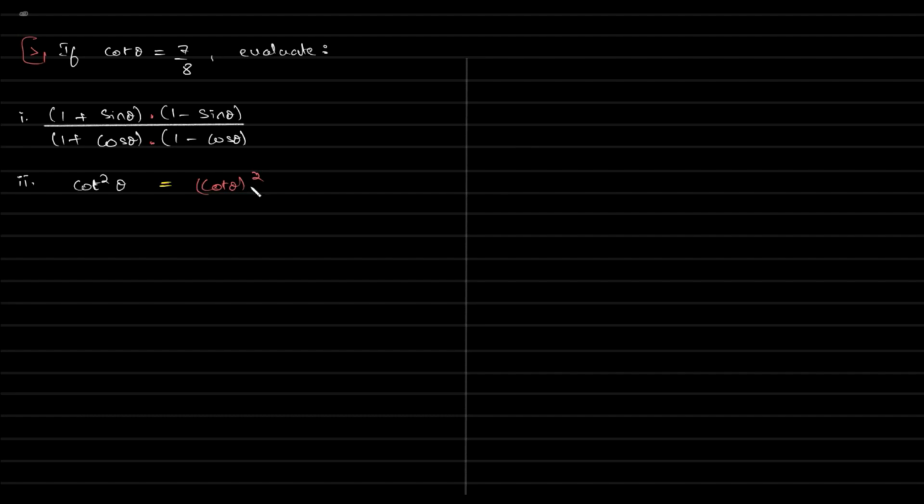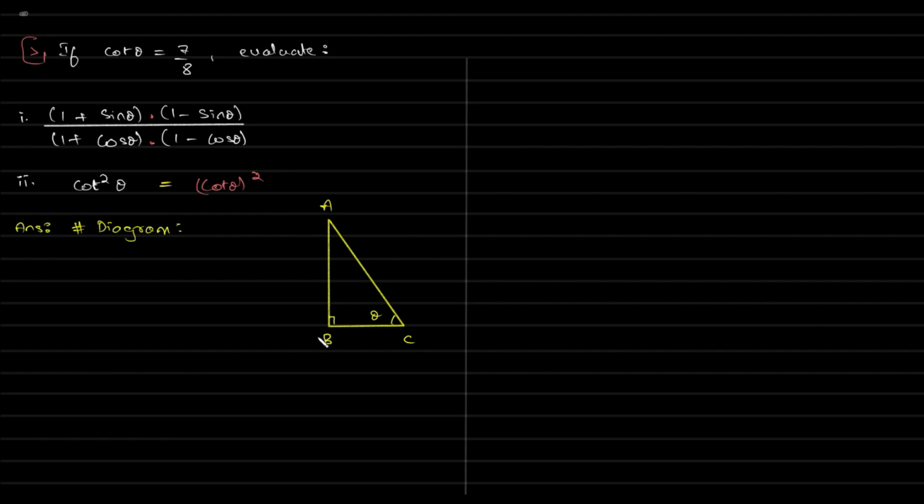Cot square theta, this is how you read it, but you solve it as cot theta the whole square. Anyways, the first thing you have to do is find all the sides. So it just goes back to your traditional first step, finding all the sides using Pythagoras theorem. So we have a triangle. One of the angles happens to be theta. So name it ABC.